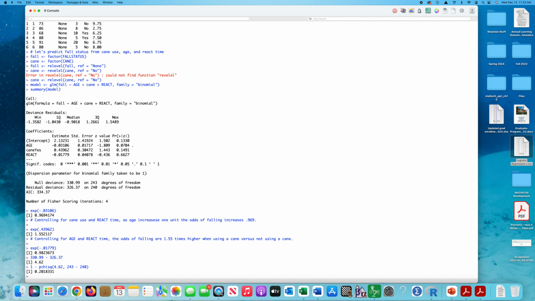So we conclude that our model, the set of predictors, age, cane use, and react, are not significant predictors in determining, predicting falls versus non-falls. So for this model, let's use this.